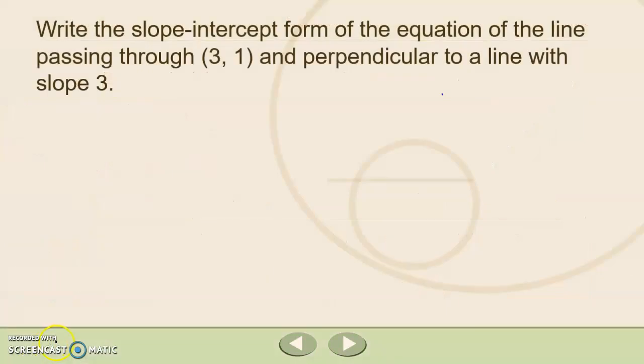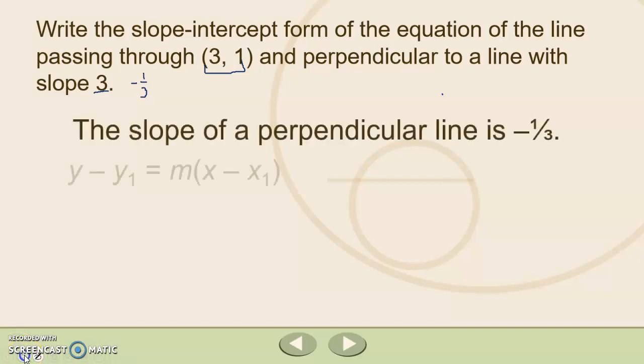Write the slope-intercept form of the equation of the line passing through (3, 1) and perpendicular to a line with a slope of 3. Well, if it's perpendicular to a line with a slope of 3, I know its slope must be negative 1/3. And I also know one of the points. And I'm being asked to write it in slope-intercept form.